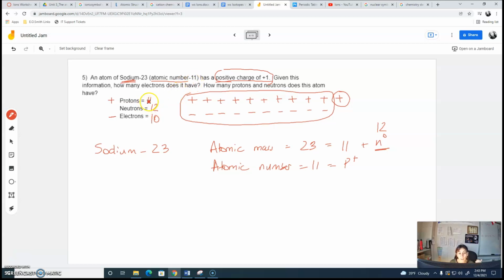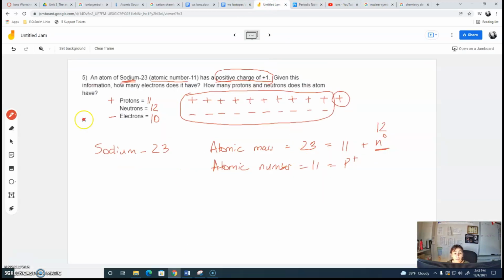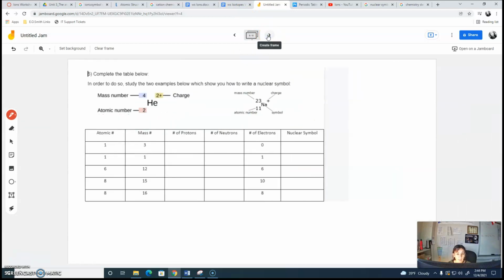If you change the protons to an atomic number of 10, you're no longer dealing with sodium. Now you're dealing with neon. It's not the same element. So please be really careful that you don't change the protons and end up with a different element.